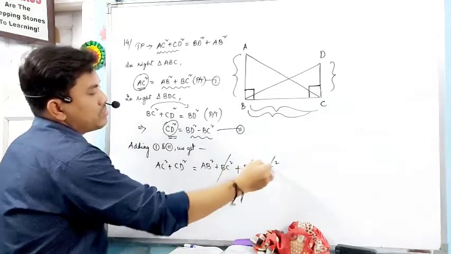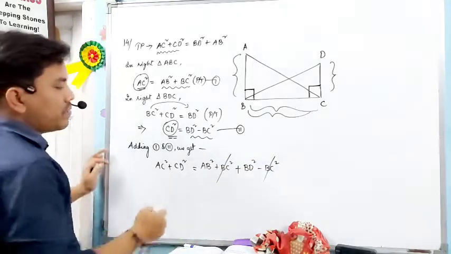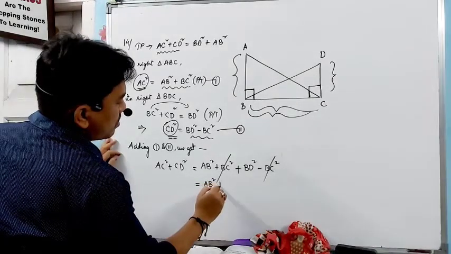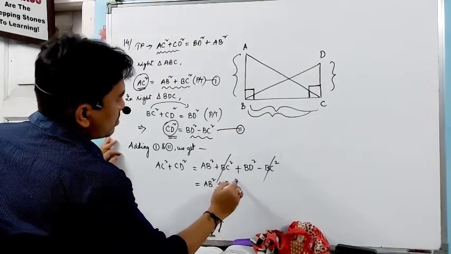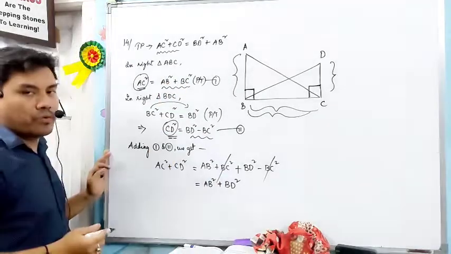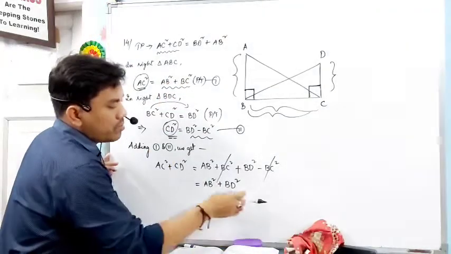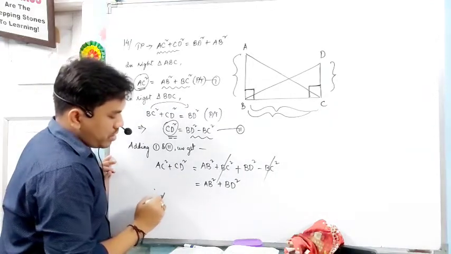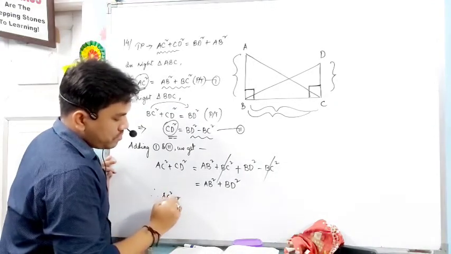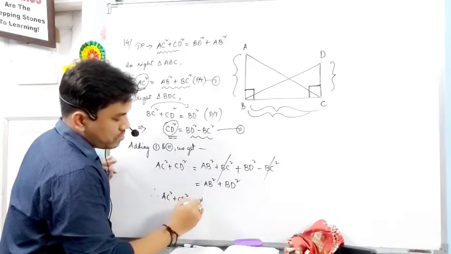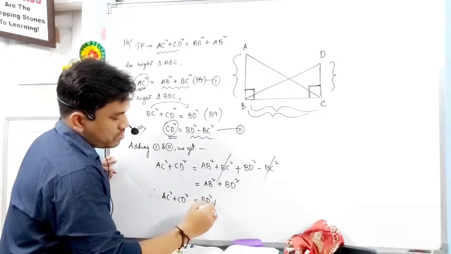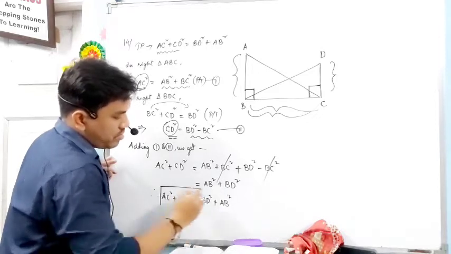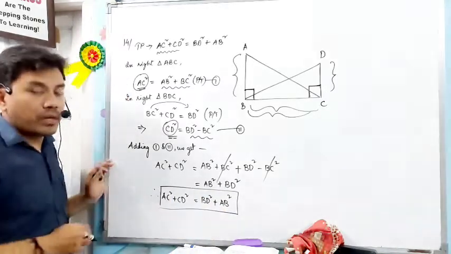Now BC square minus BC square cancel, and finally we got AB square plus BD square. What we are asked to prove is BD square plus AB square, so we got the proof, isn't it? It is very simple.